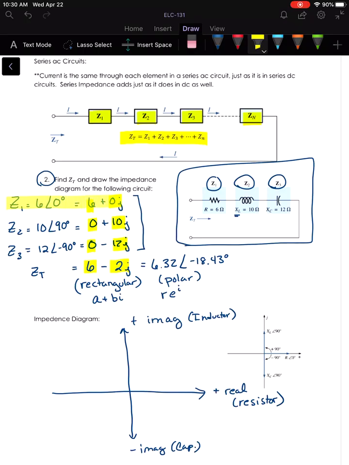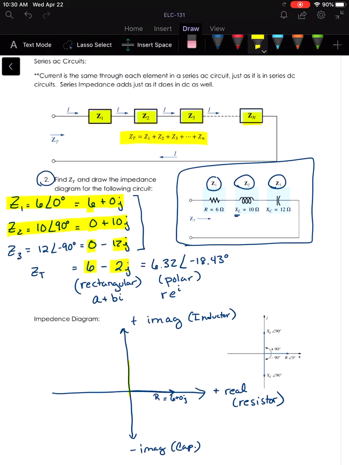All right, so for Z1, I'll go back up here, we have 6 plus 0J. So when I draw that on my axis, that's over 6 and up 0. So this is my resistor, 6 plus 0J. For Z2, I have a 10 ohm inductor, and it's 0 plus 10J.